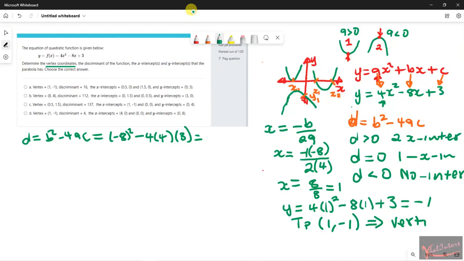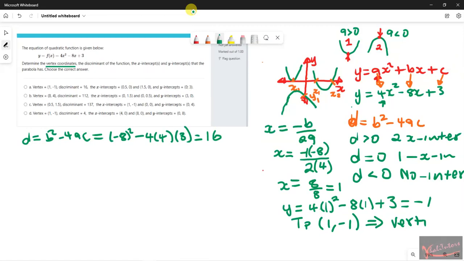I'm giving you time to do the calculation yourself as well. So b is minus 8, squared, minus 4 times 4 times 3, and it becomes 16. So the answer is 16. We have our discriminant. Our discriminant is 16.